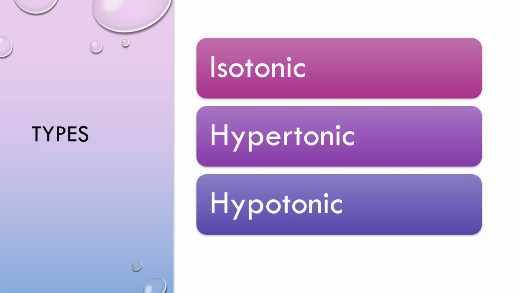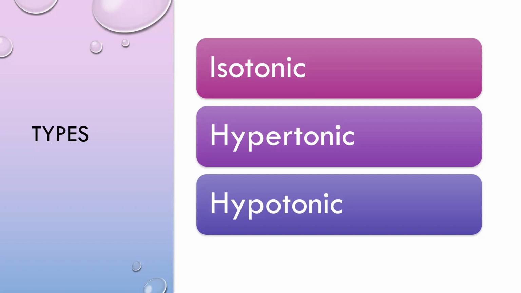So the electrolyte imbalances that occur are a result of dilution. And one thing you'll hear is that when sodium is diluted, it can cause an altered mental status and seizures. Okay, so that would be hyponatremia.